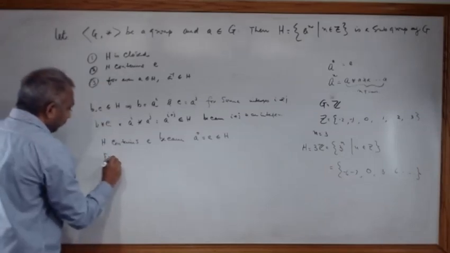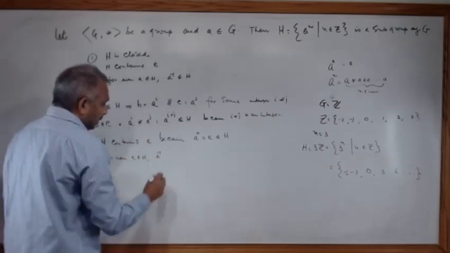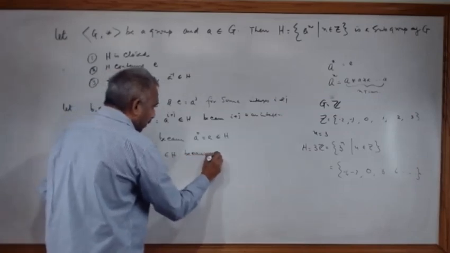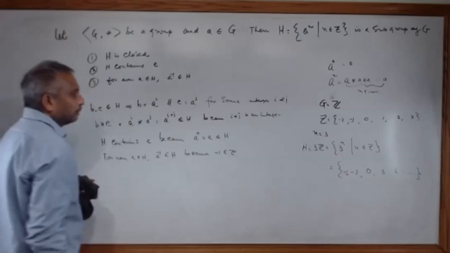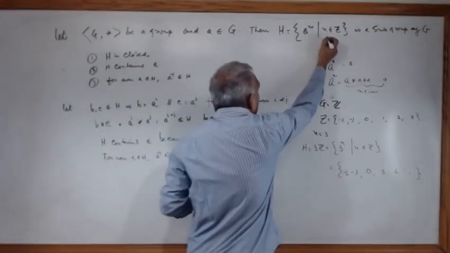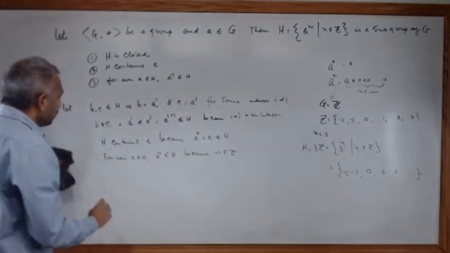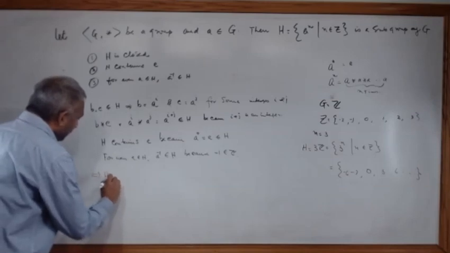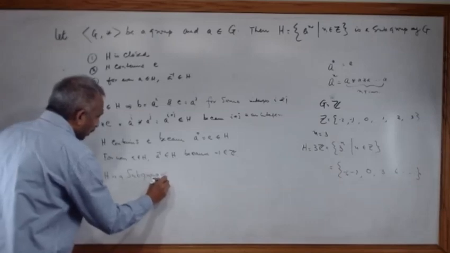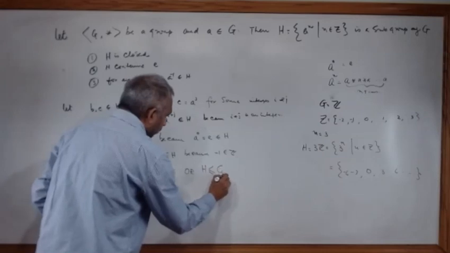For every a in H, a inverse also belongs to H because minus 1 belongs to Z. If n belongs to Z, then a to the power of n belongs to H. So that implies H is a subgroup of G.